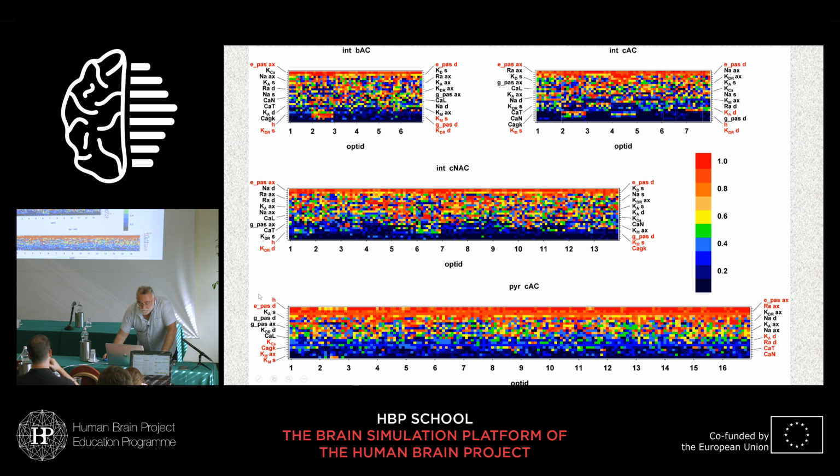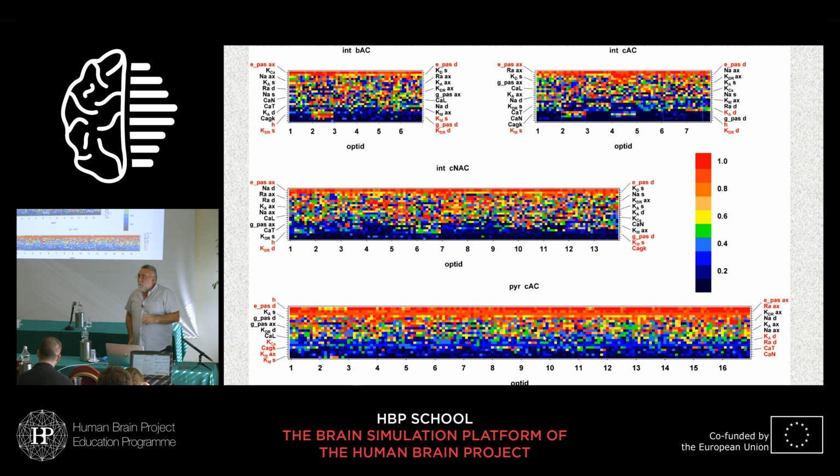Okay? Instead, if you look at the horizontal line, this will tell you that those specific currents don't change too much from optimization to optimization. They need to stay at the high value. The Km, for example, must stay at a low value. All the others can do whatever they want.